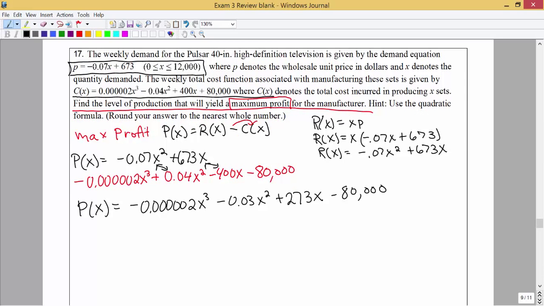We want to find the maximum value of this profit function, and we are given that the interval that we're working with is a closed interval from 0 to 12,000. So x is limited to be between 0 and 12,000. So if we're going to maximize this, then we need to find the derivative.